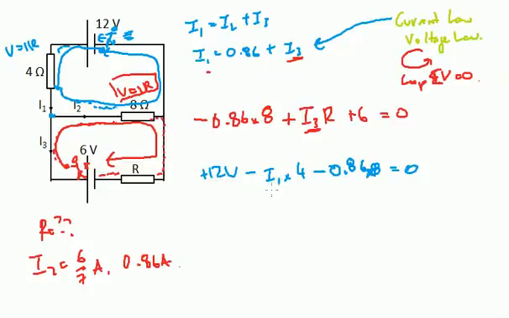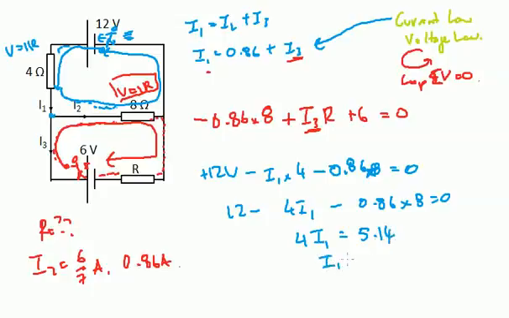I can solve this equation to find I1. So I've got 12 minus 4I1 minus 0.86 times 8 equals 0. If I rearrange that, I get 4I1 equals 5.14.